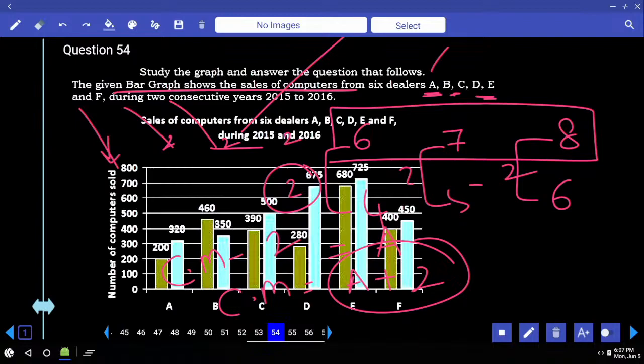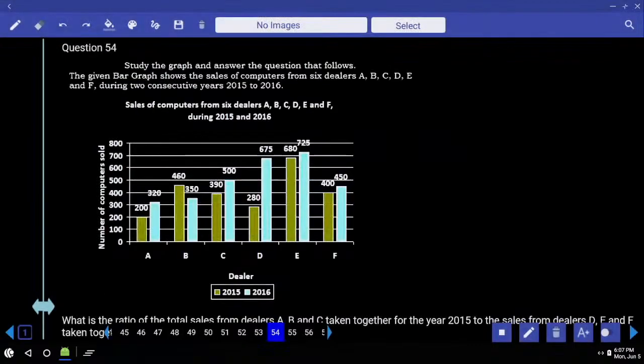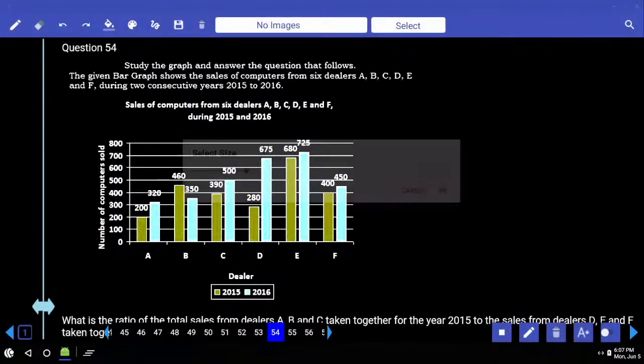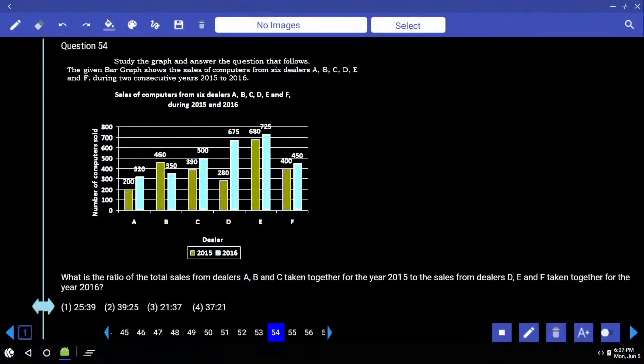Next. What is the ratio of the total sales from dealers ABC taken together for the year 2015 to the sales from dealers DEF in 2016? ABC: 460, 390, 850 plus 200, 1050.